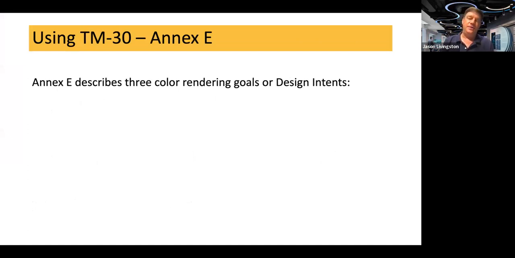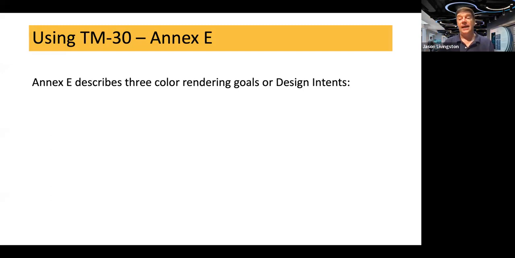So when TM-30 came out in 2015, we knew that the science was the most up-to-date, and we knew that the science was accurate. What we didn't know was what were the meaningful measures, and how might we interpret or apply those meaningful measures. There were quite a few studies that were done with TM-30 very quickly, so that by 2018, we, on the color committee, were able to do a meta-analysis of 5 of the best studies, looking at the spectrums that they analyzed, the perceptual responses of the test subjects, the relevant measures and values of the SPDs.